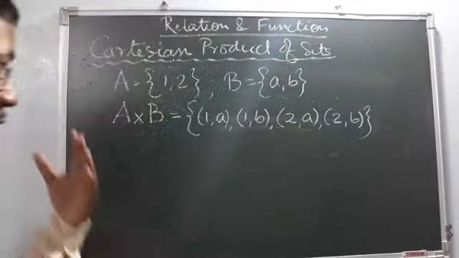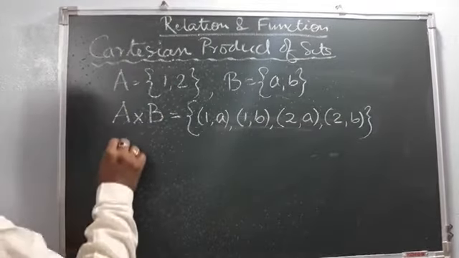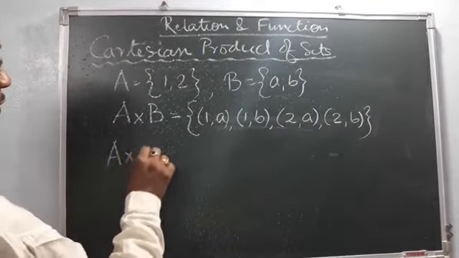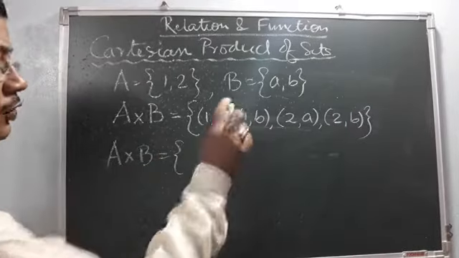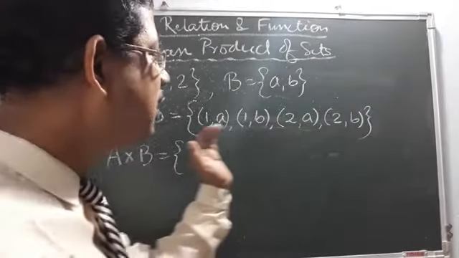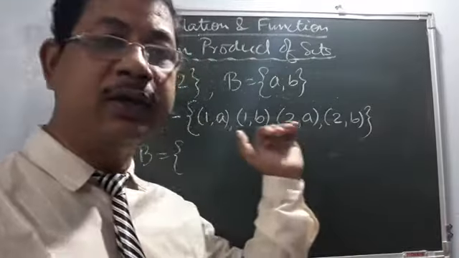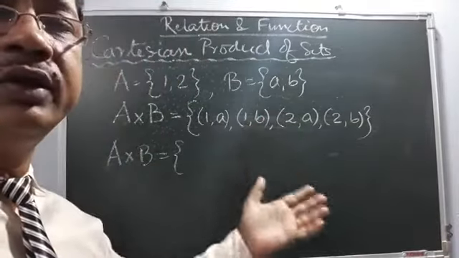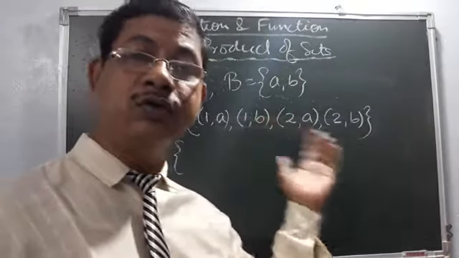This way of writing all the elements in brackets is called tabular form or roster form.